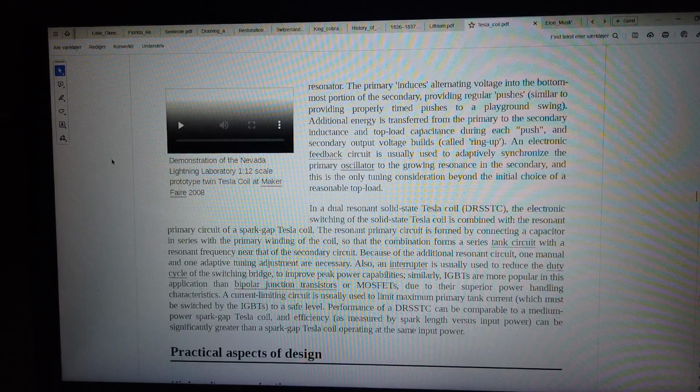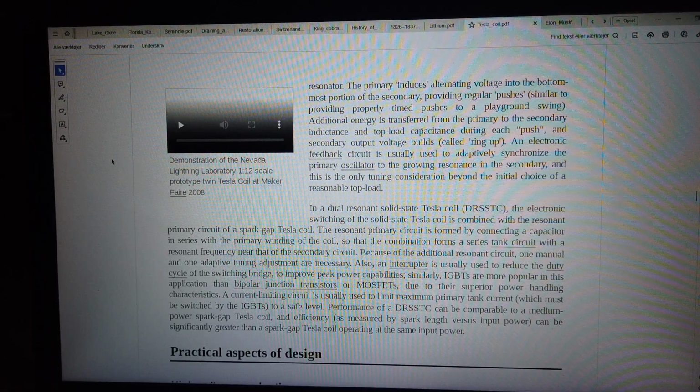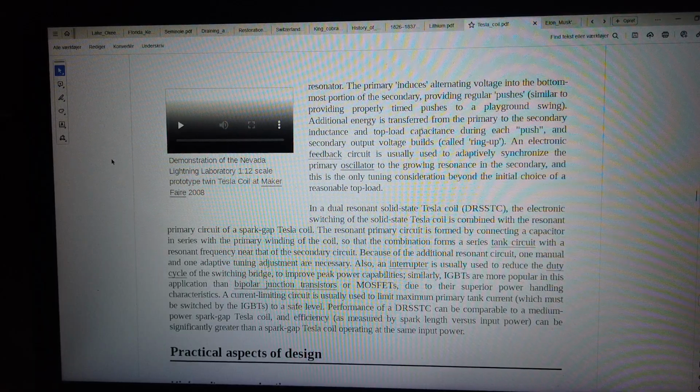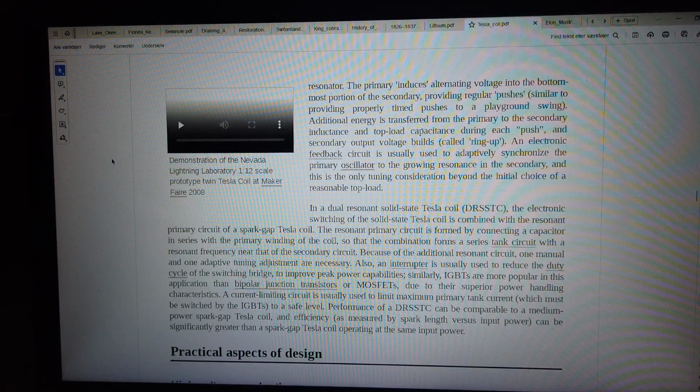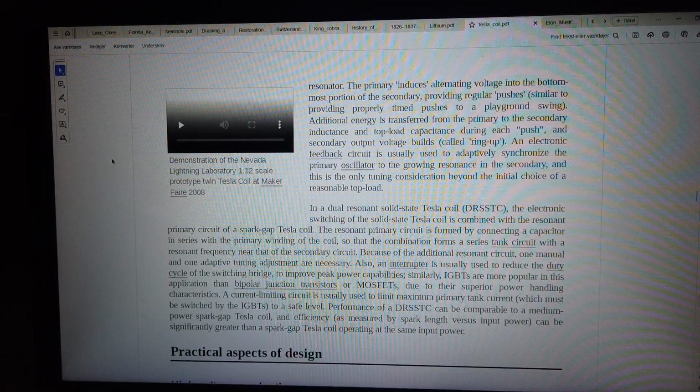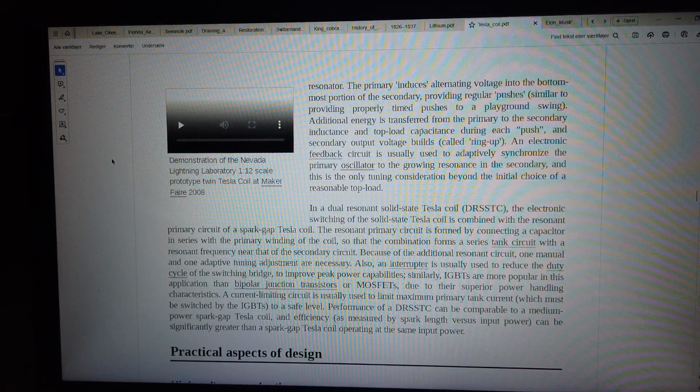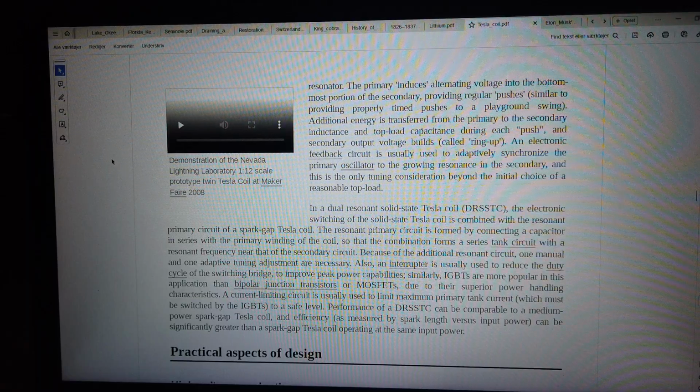Demonstration of the Nevada Lightning Laboratory 112 scalar prototype twin Tesla coil at Maker Faire 2008. The primary induces alternating voltage into the bottommost portion of the secondary resonator, providing regular pushes, similar to providing properly timed pushes to a playground swing.